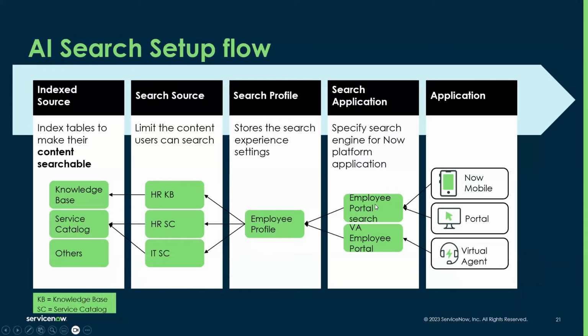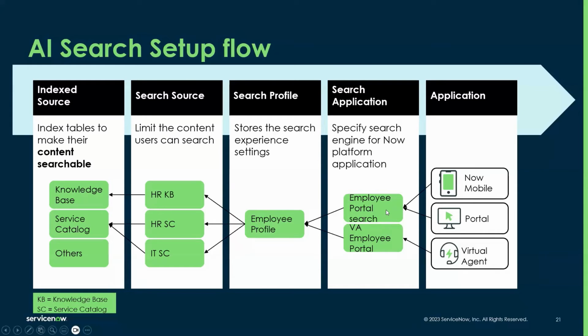For example, you can create an application for Virtual Agent. If anyone wants to search keywords on Virtual Agent, to utilize AI search on Virtual Agent, they can utilize the configurations of this employee profile, or you can create multiple profiles as well, right?